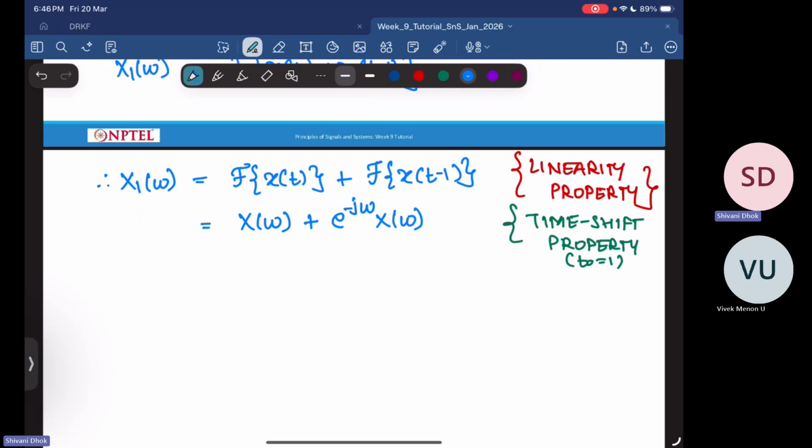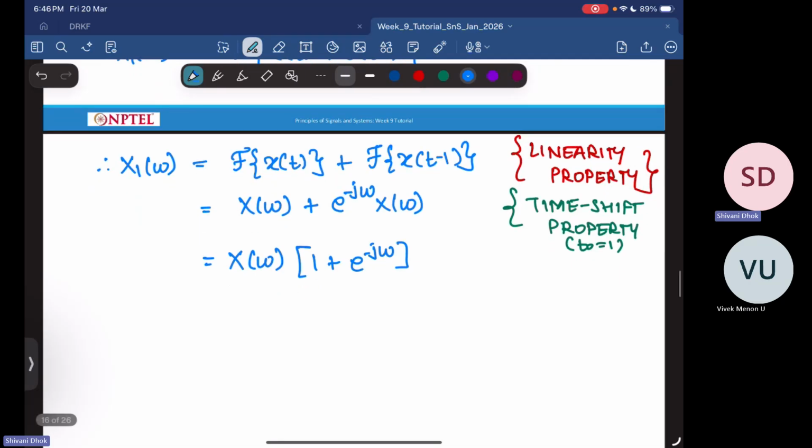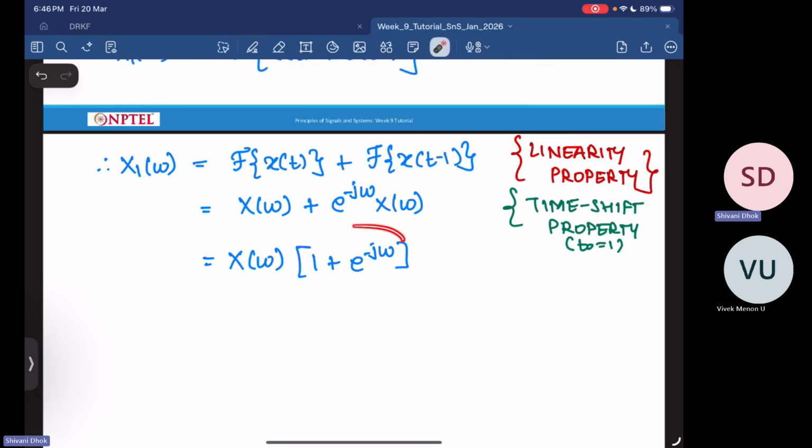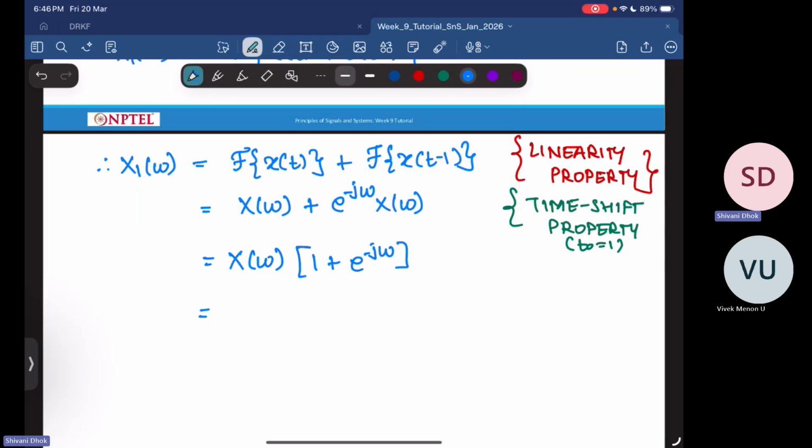Now I can take out x of omega common, and I will be left with 1 plus e power minus j omega. Let's try to make sense of what is happening in this bracket. It's very difficult to work with complex exponentials, so let's bring it to a form that we know. I'll take out e power minus j omega by 2 from this term.